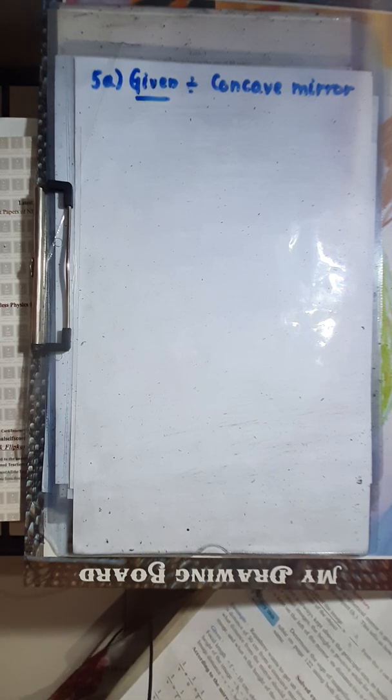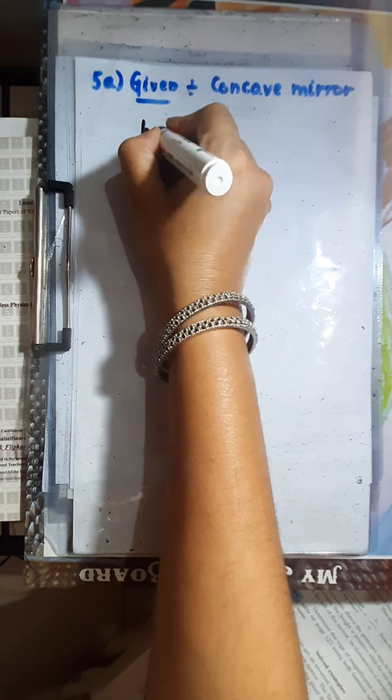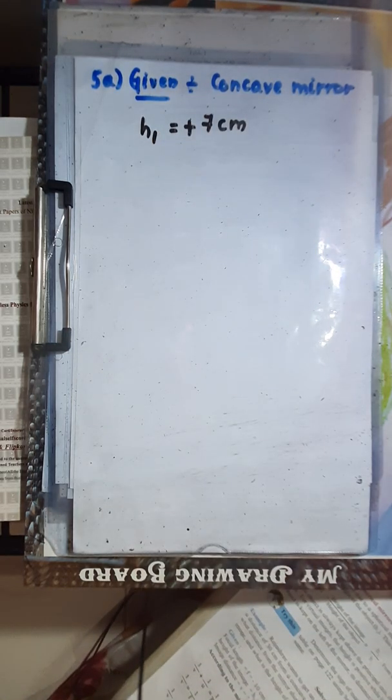Now, an object of height 7 centimeter. So H1 is equal to 7 centimeter. H1 is always positive, so I'll write it as positive.